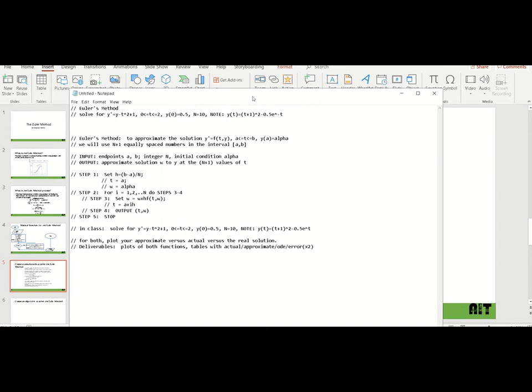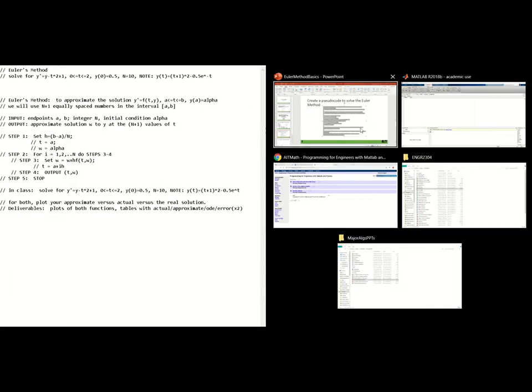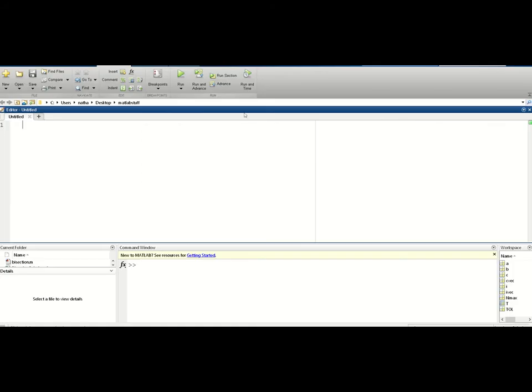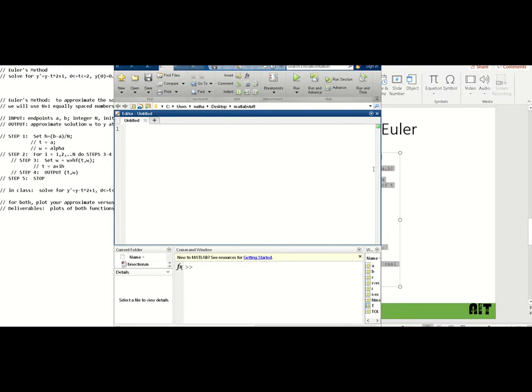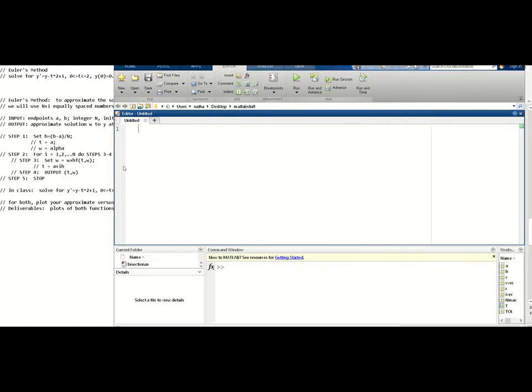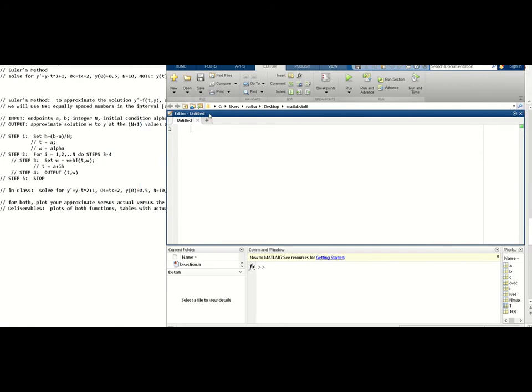So here we go. Let's open up MATLAB here, and give ourselves a decent space to work on. One of the things is right away, we want to make a function. So let's make a function, and it's going to be dy dt equals a function of t and y. It's going to have to take in a t and a y value.